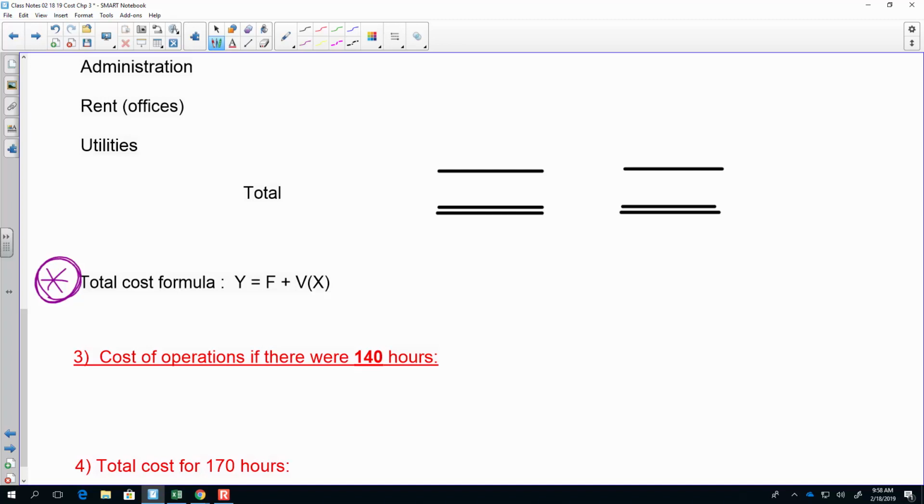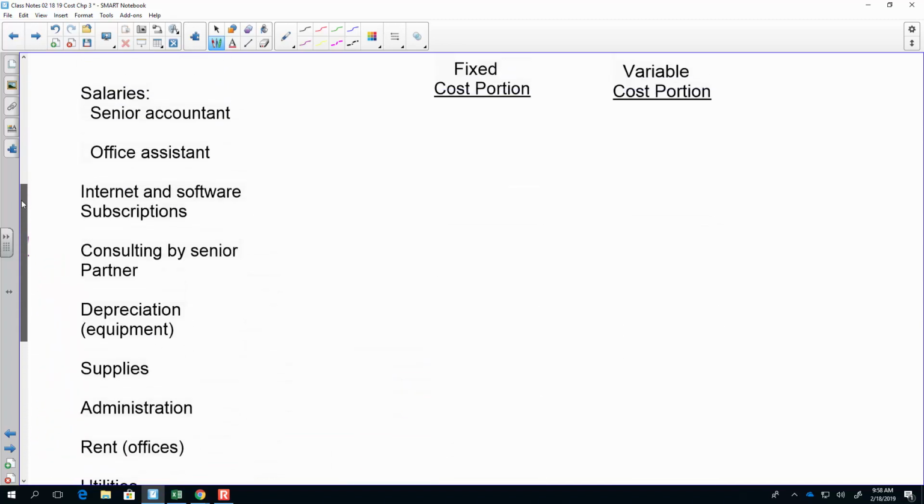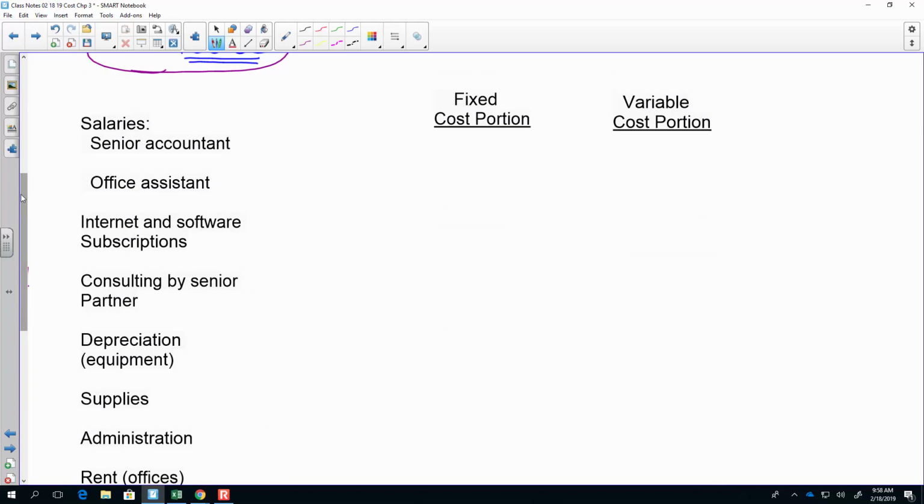So, I have laid out here two columns, a fixed column and a variable column. What was our senior accountant cost? It was a salary, 2,500, right? And our office assistant, 1,200.